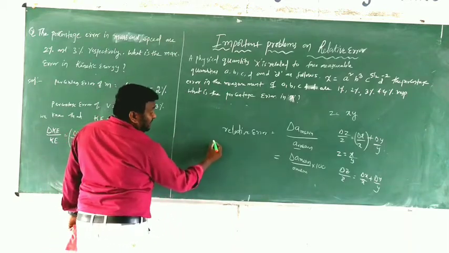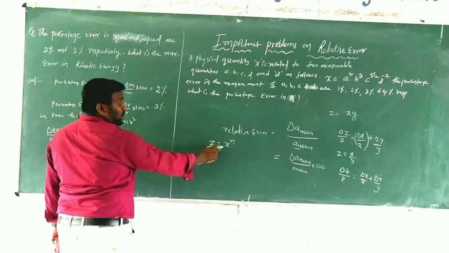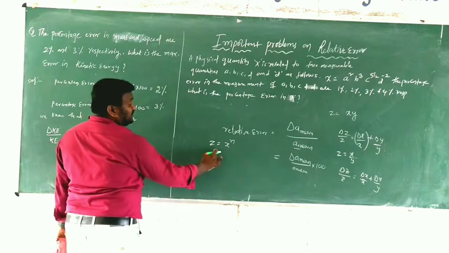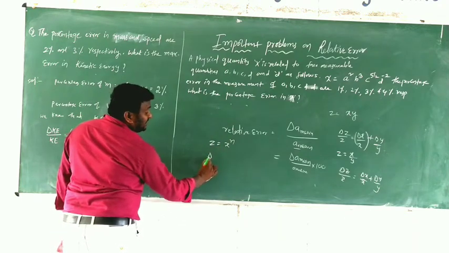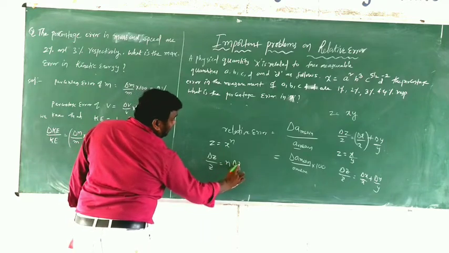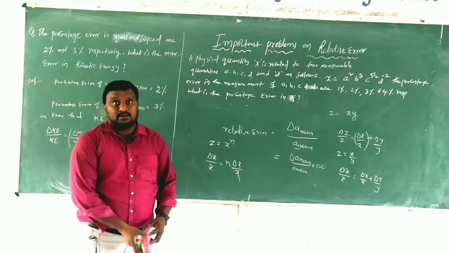For example, z is equal to x power n. Here power is nothing but the exponent. Then I am writing delta z by z is equal to n into delta x by x. Clear?